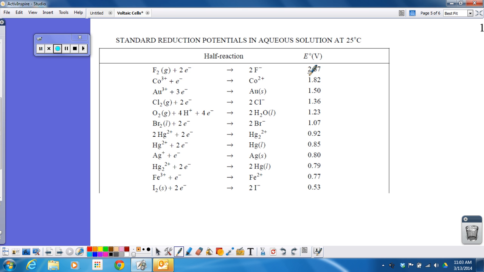Now what you'll notice about this table is everything is written in terms of reduction. So when we go to calculate standard voltage or standard cell potential from this table, we're going to have to keep in mind that all the values listed in this column are for reductions. But remember, in a galvanic or voltaic cell, we have both oxidation and reduction. So we'll need to keep that in mind when we go to do our calculations.